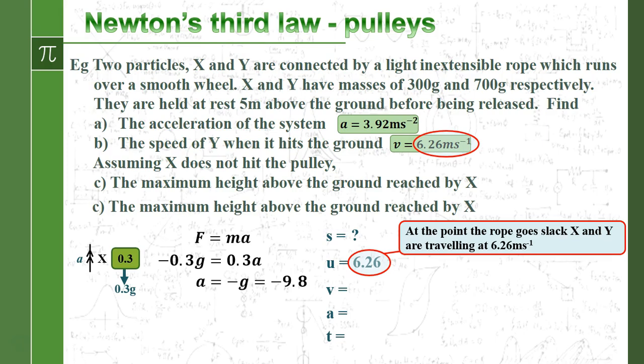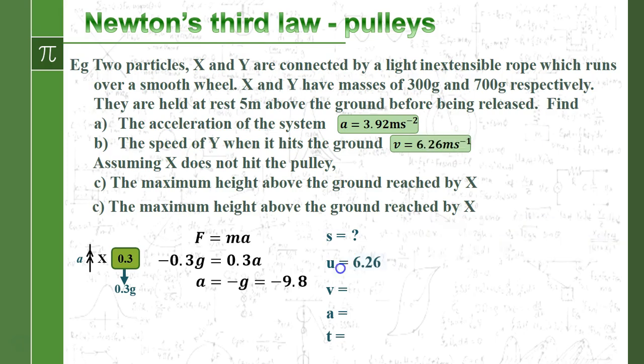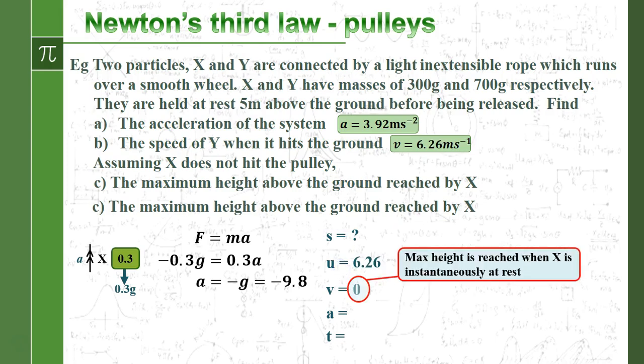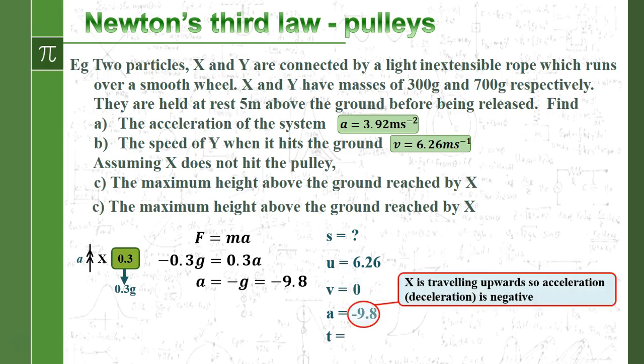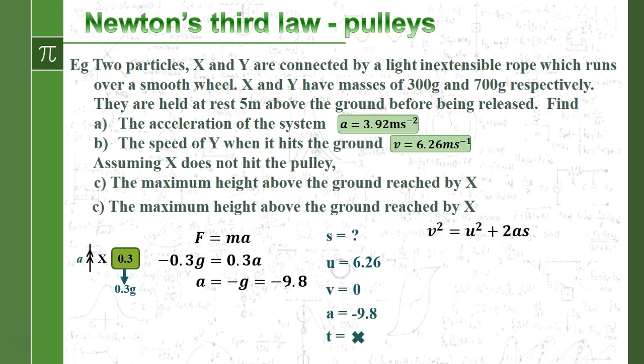So our value for V from the previous equation becomes our value for U in this one. V is 0, maximum height reached when X is instantaneously at rest, and we've got A, so we need S. Again, we're going to go for v squared equals u squared plus 2as. Plug all the values in, do a bit of rearranging, and solve it for S.